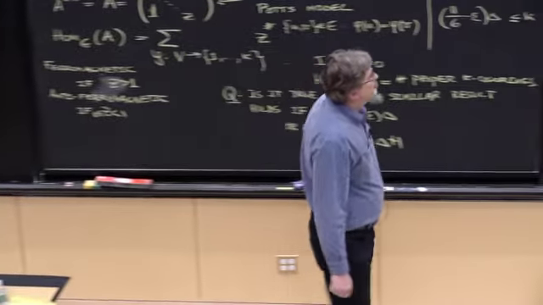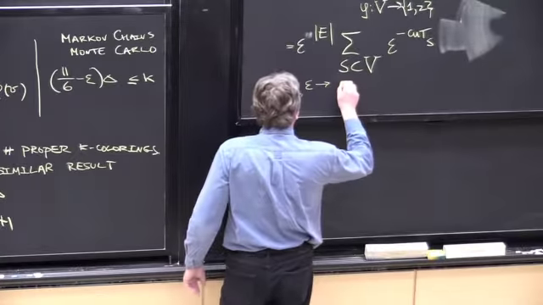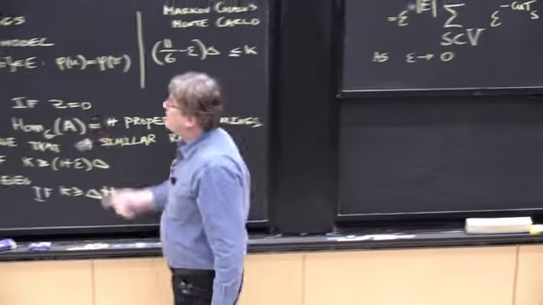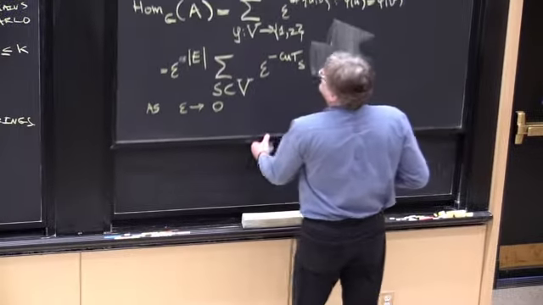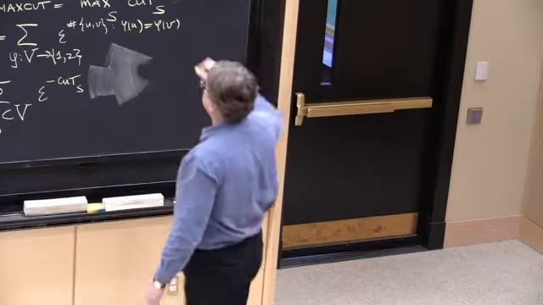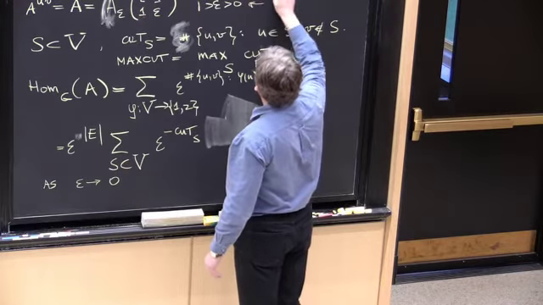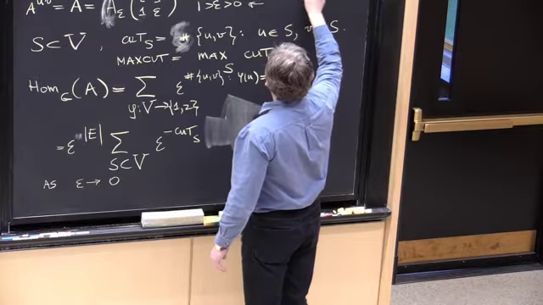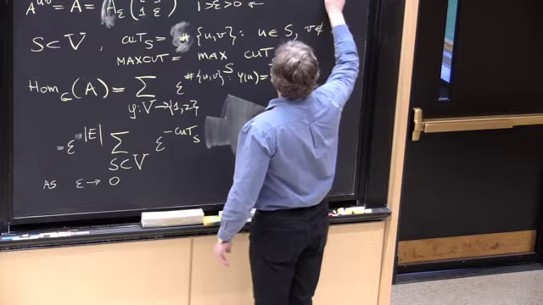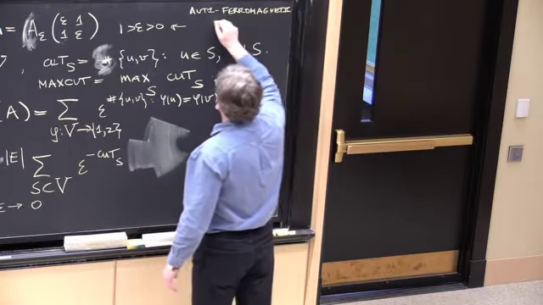So then we realize that something happens. As epsilon goes to 0, by the way, it's a Potts model, but since k equals 2, with only 2 colors, that's also the anti-ferromagnetic Ising model.